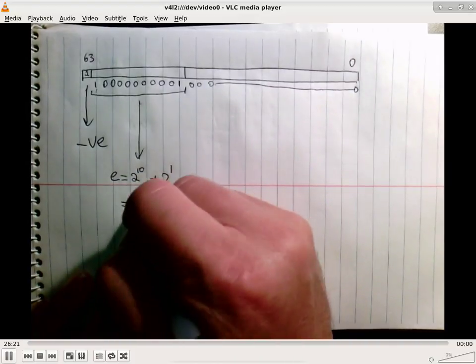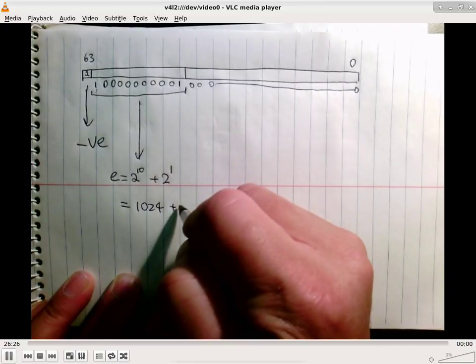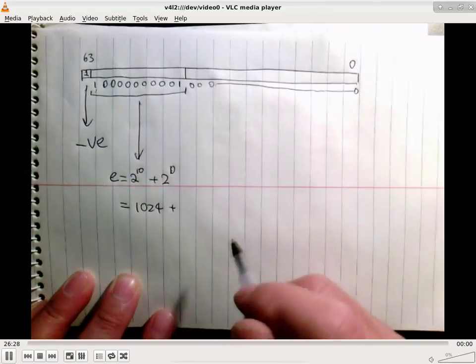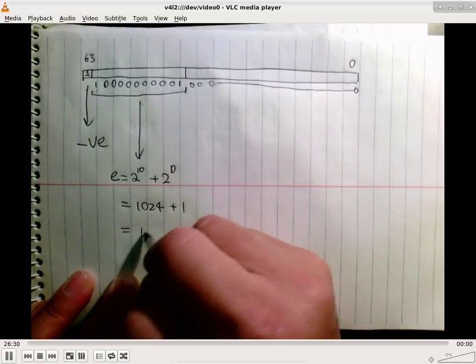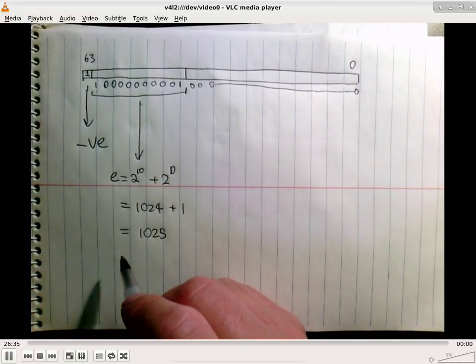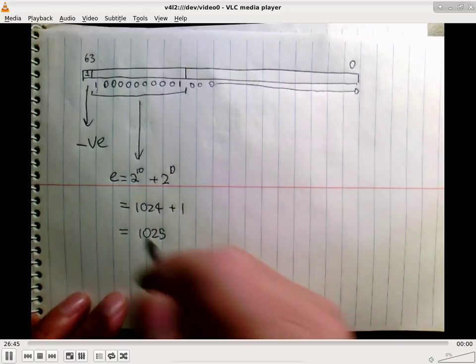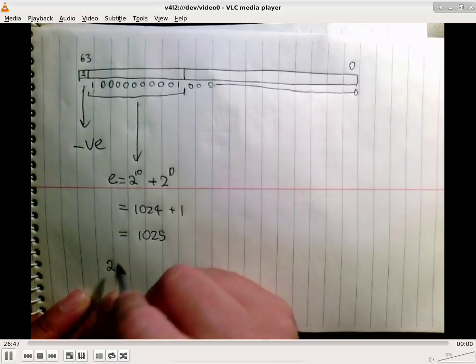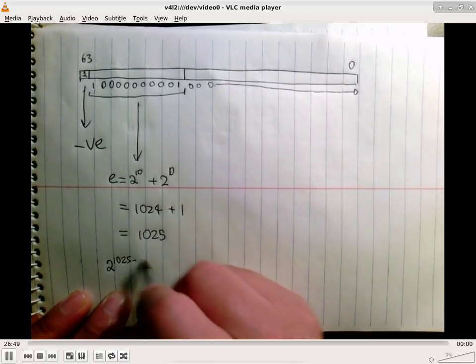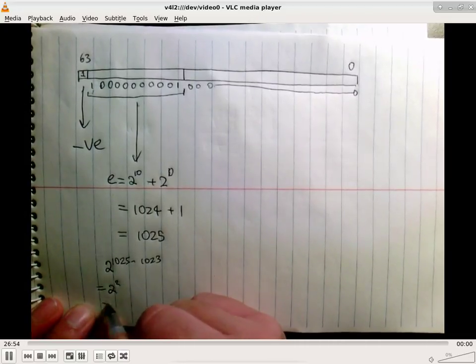So we have 1024 plus, oh, this is a 0. There we go. Plus 1, so the whole thing is 1025. But remember, the actual exponent of 2 is offset by 1023, so we have to subtract 1023 from 1025 to get to the actual exponent. So our actual exponent of 2 is 1025 minus 1023, which is 2, so 2 to the power of 2, which is a 4.